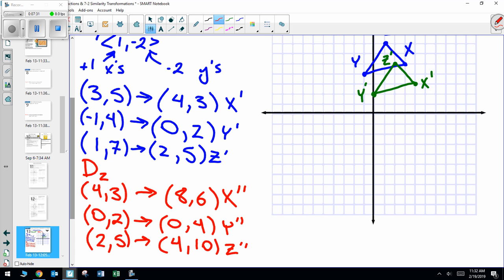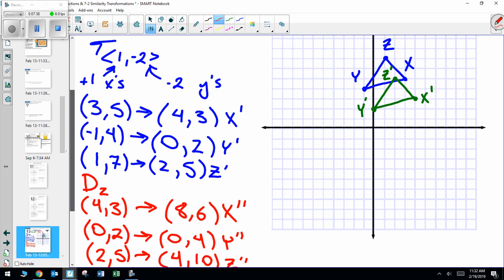Right, and graphing those at 8, 6. Let me pull this up a little bit. 8, 6 would have been 1, 2, 3, 4, 5, 6, 7, 8, and then 1, 2, 3, 4, 5, 6. This is my x coordinate. Y would have been 0, 4.